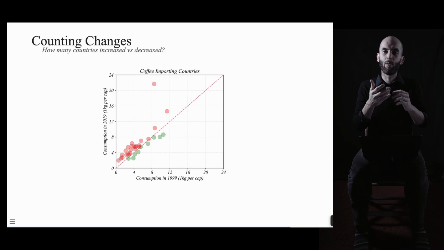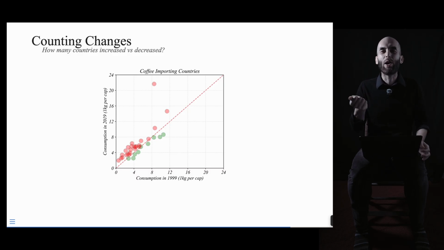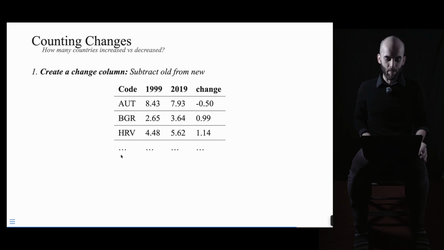But I also want to talk to you about how we might go about counting the number of countries that have increased or decreased. You remember our original question was how many countries have increased their coffee consumption per capita during our 2 years? And so we might be interested in just counting these countries. So visually we know how to find them, but how do we actually calculate the change?